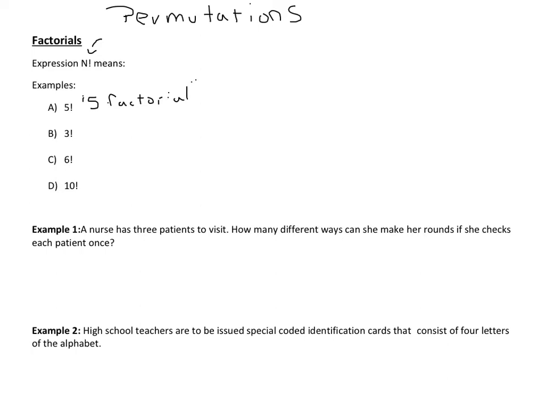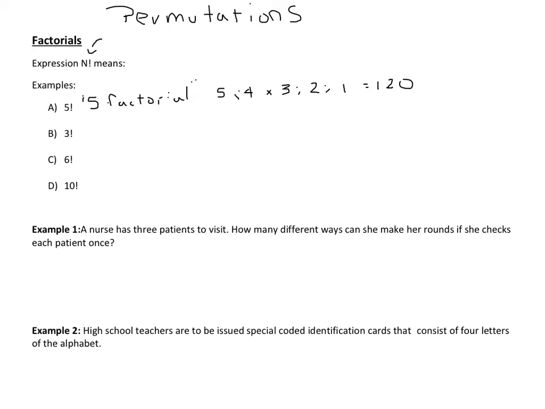And what that means is it's saying you take 5 and you multiply 5 by every number underneath it until you get to the number 1. So 5 factorial means 5 times 4 times 3 times 2 times 1. So 5 times 4 times 3 times 2 times 1, that's 120.